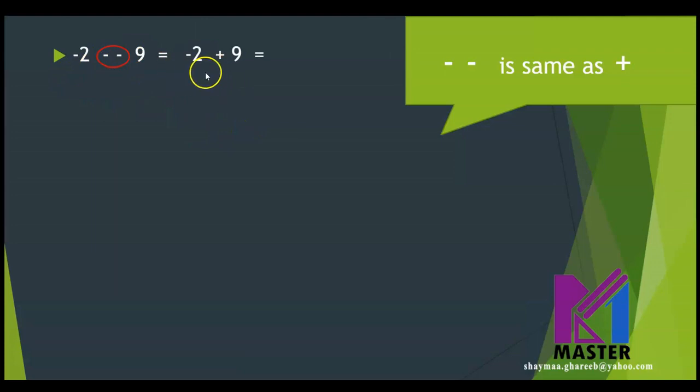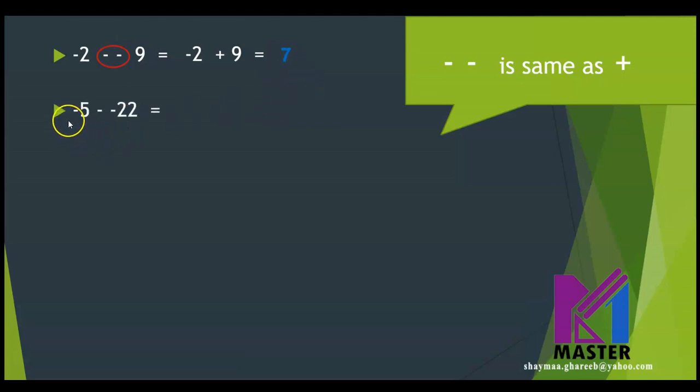When I have -2 plus 9, it means what is a number that is 9 more than -2? It will be number 7. Or you can count on after -2 by 9, and you are going to reach number 7.